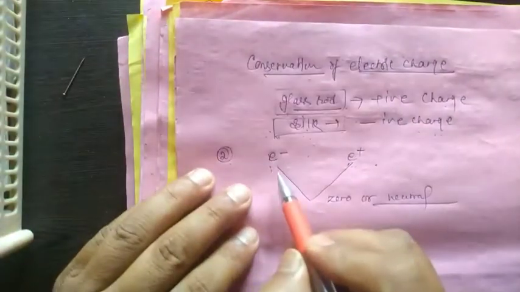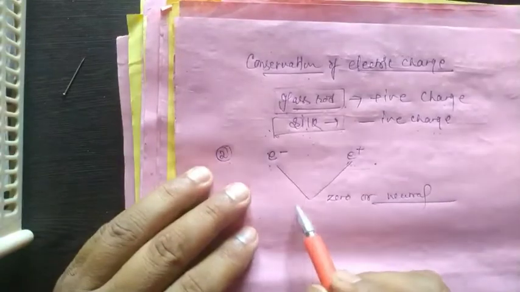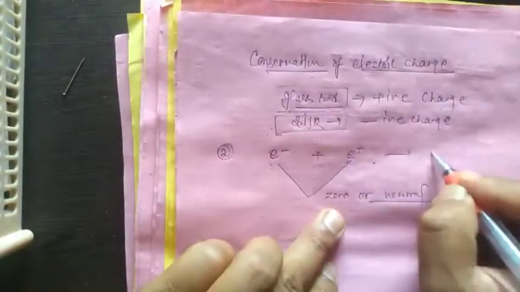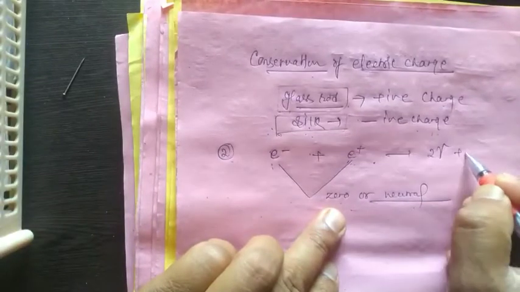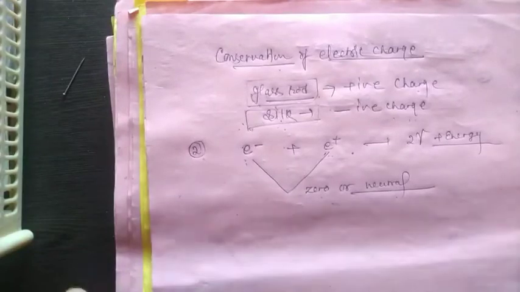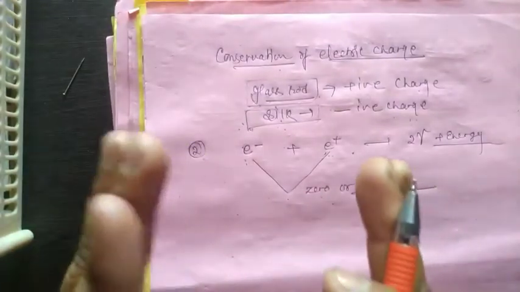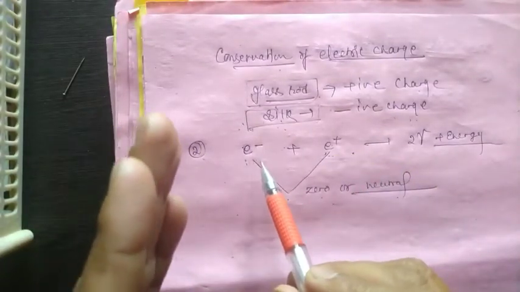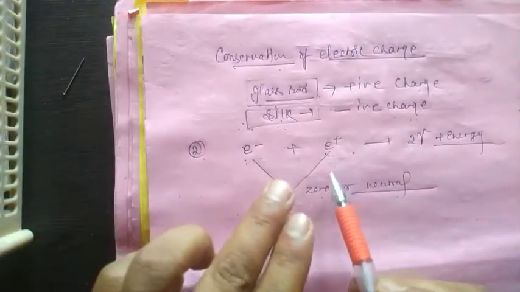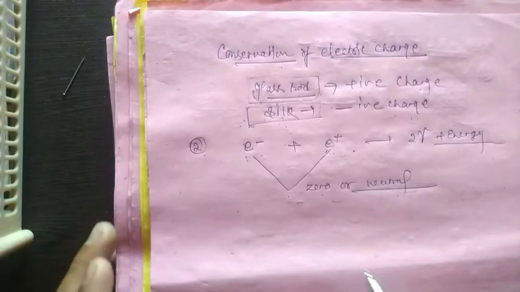When they come in contact with each other, two gamma photons are produced along with a large amount of energy. The total charge of the electron and the positron is zero.